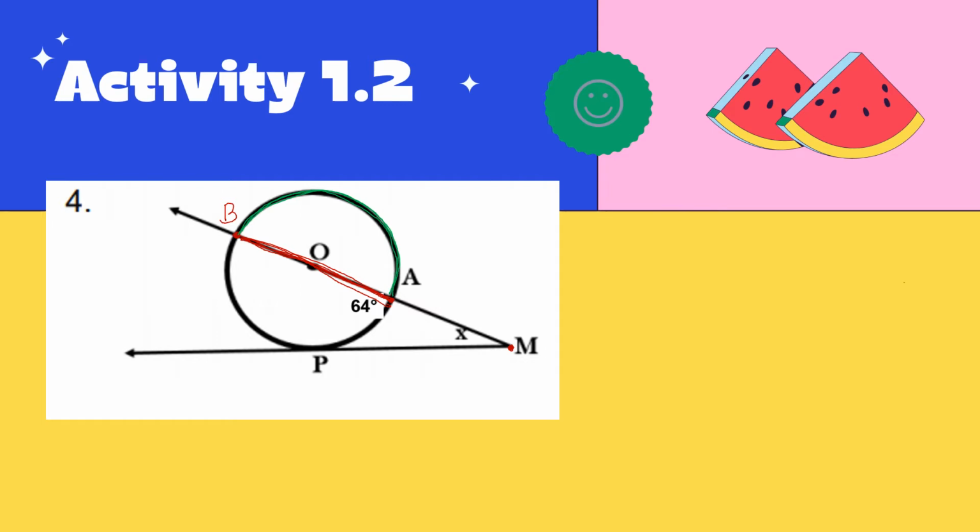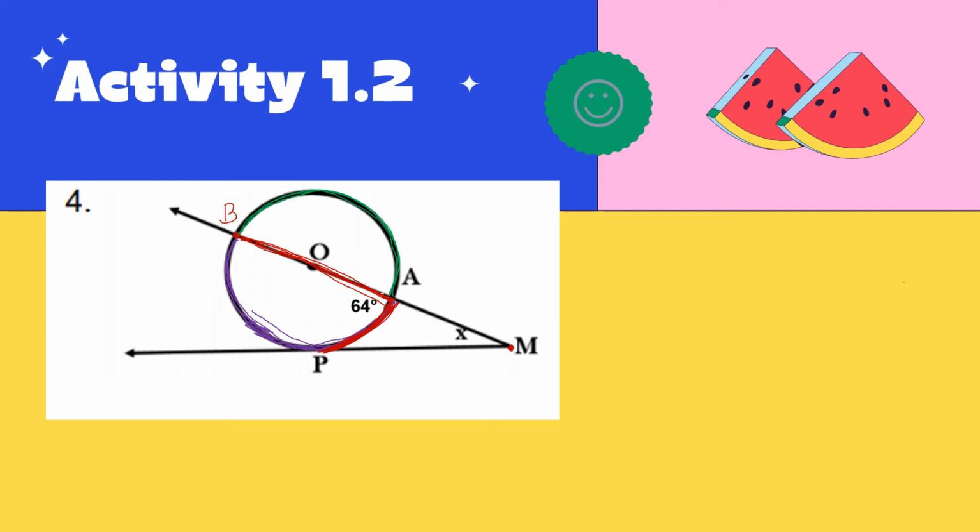There. Ganun din dito sa kabila. Si arc BPA, kukulayan ko ng purple. Ayan. Of course, it's also a semicircle, meaning its measurement is 180 degrees. Now, it says that the measurement of arc AP, ito, yan, is 64 degrees.